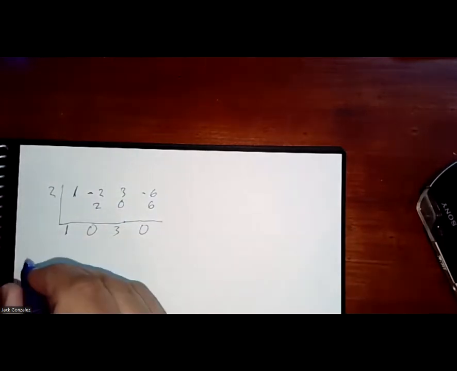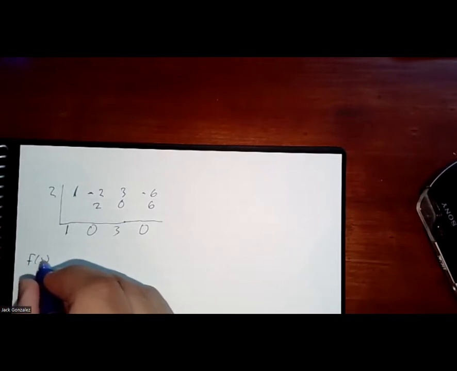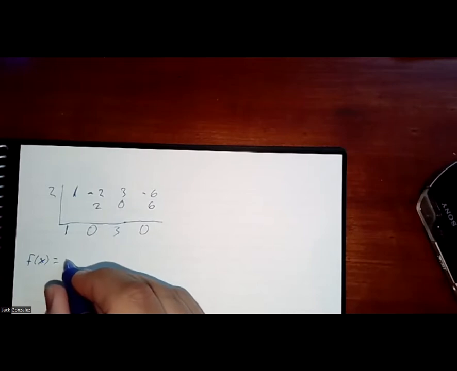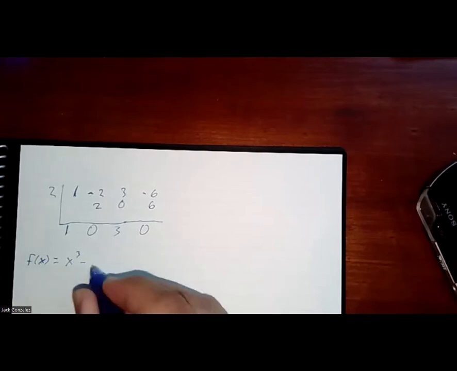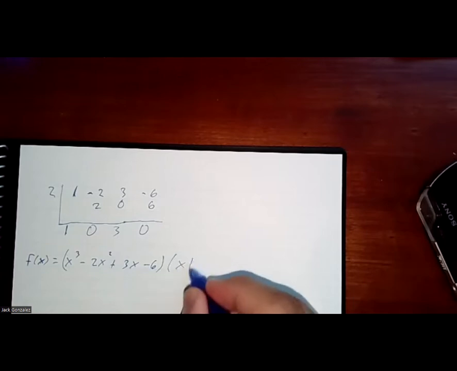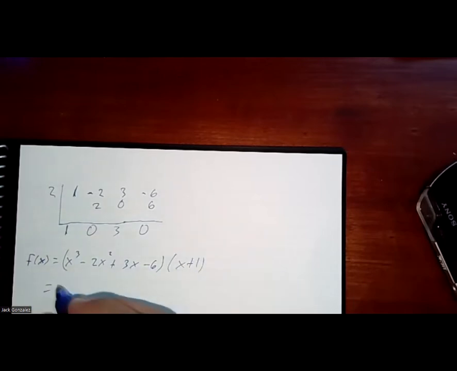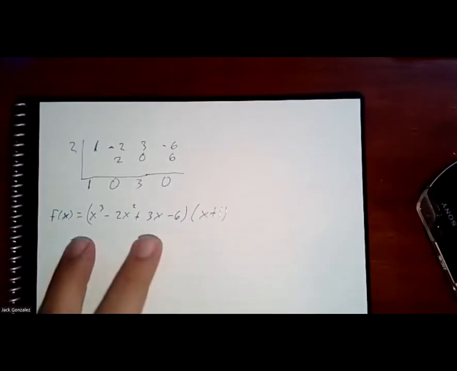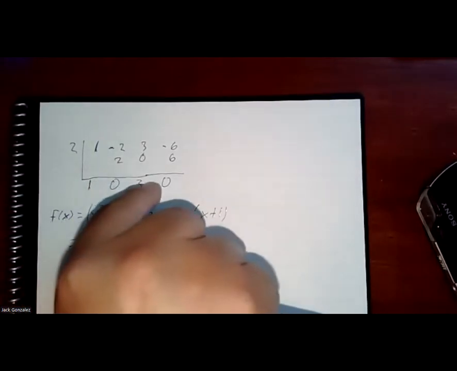So that means that f of x, the original that we had was a cubic, right? And we had factored an x plus 1. Now we have factored another one. So this will turn into these 2 terms here.